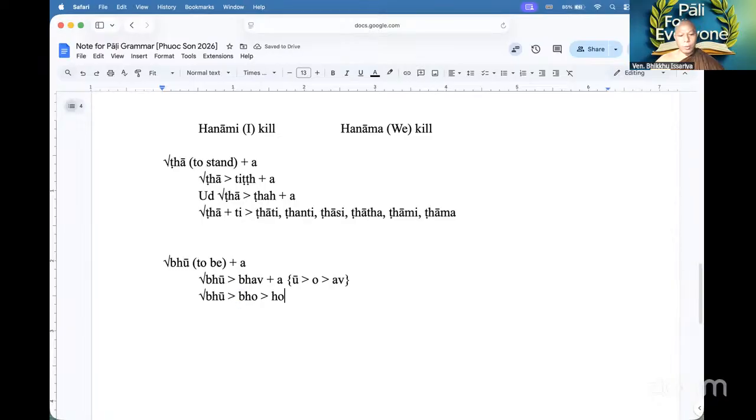From that we can have hodi, hondi, hosi, hota, homi, and homa. So that one is also a kind of anomaly. In some forms with the a sign, in some forms without the a sign.